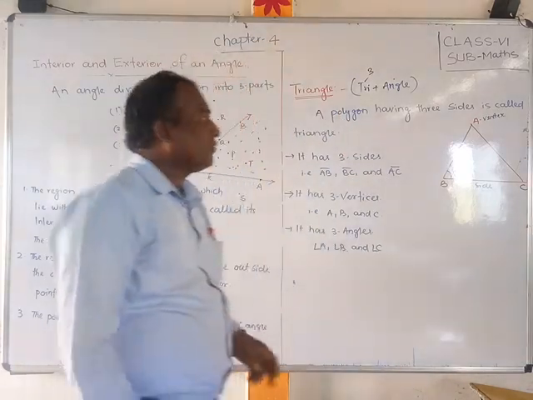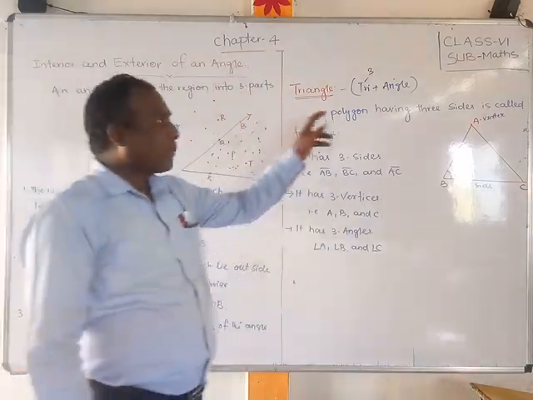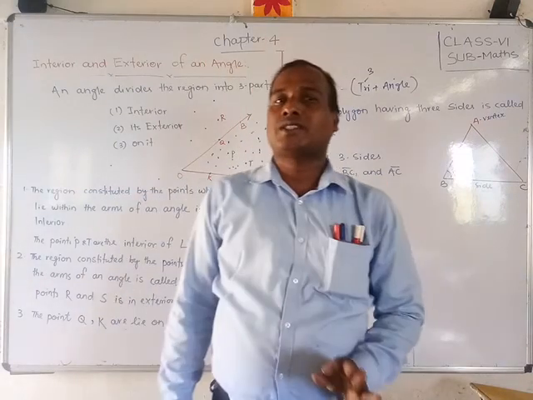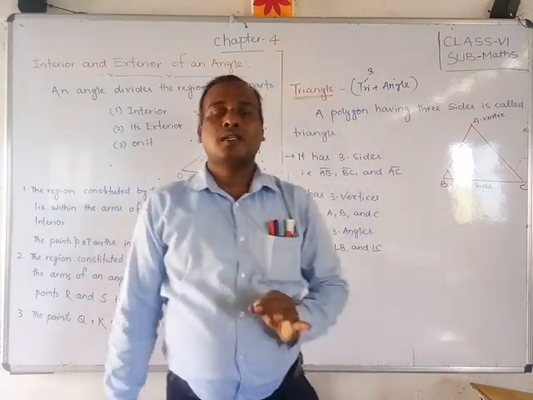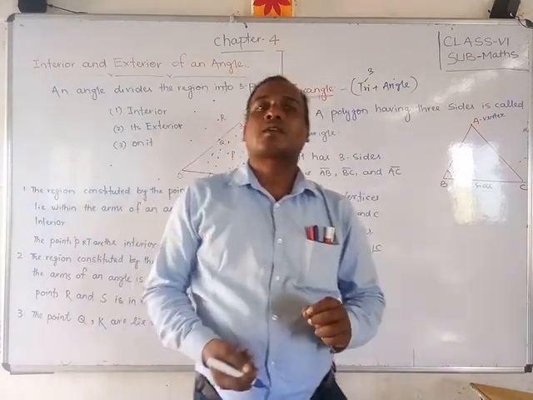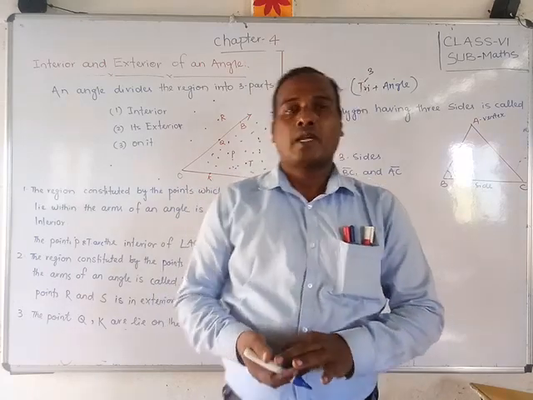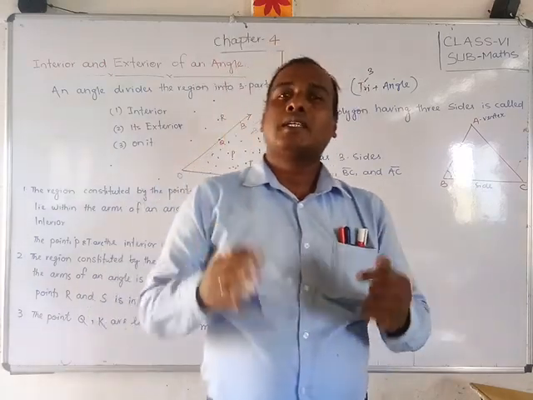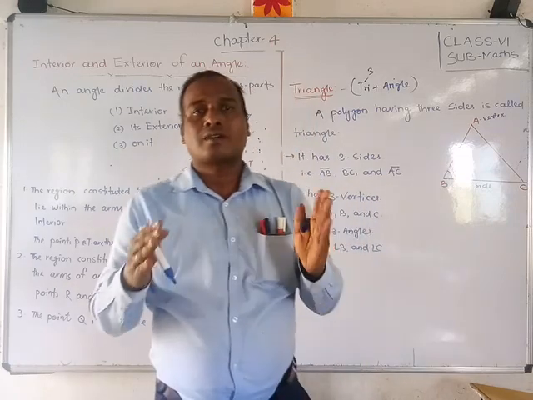But a specific definition is that a polygon having three sides is called a triangle.